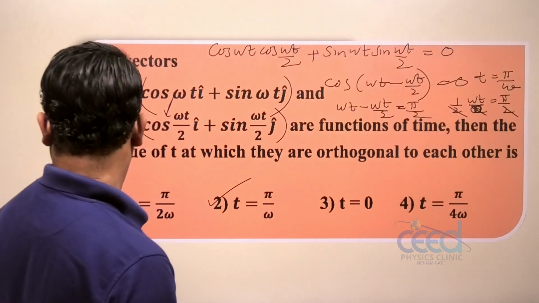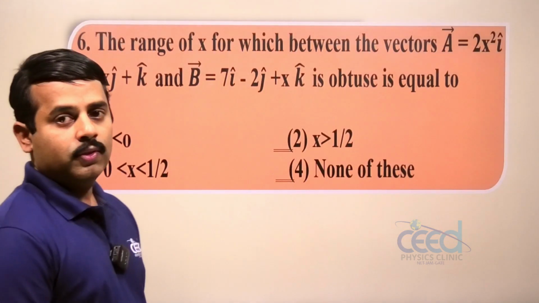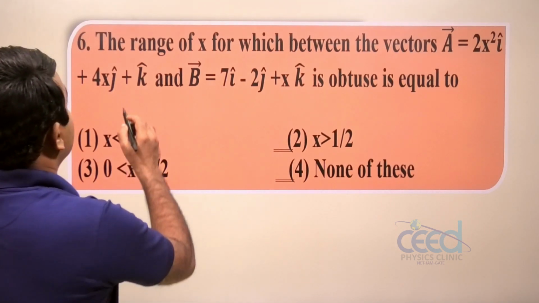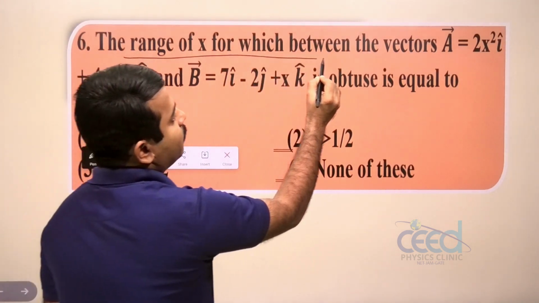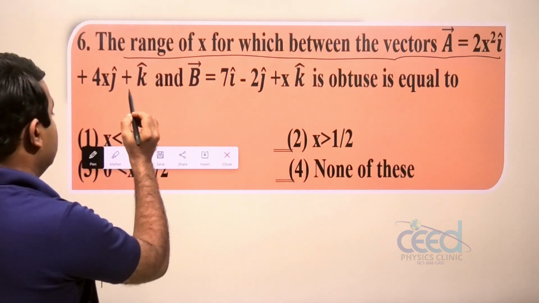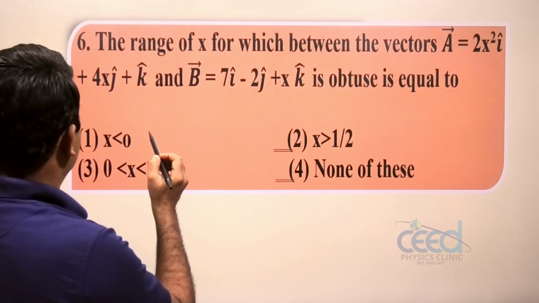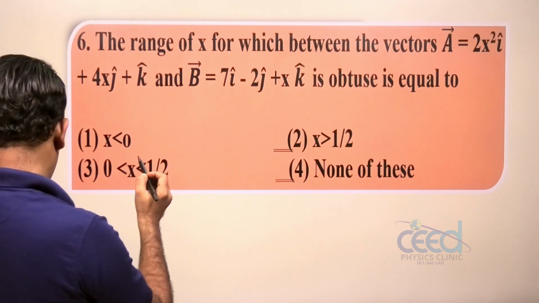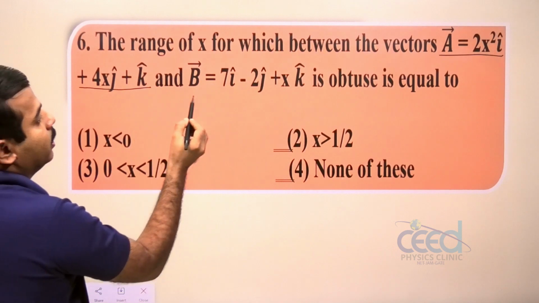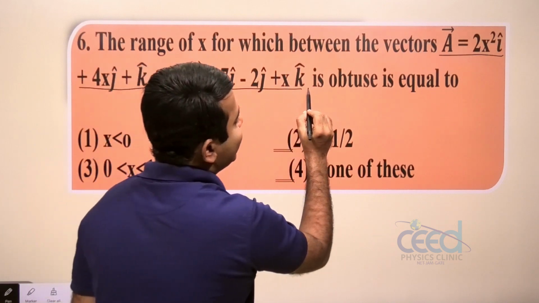Now let us go to another problem. See, here is given another problem. Find the range of x for which the angle between the vectors A is equal to 2x square i cap plus 4x j cap plus k cap, and B is equal to another vector 7 i cap minus 2 j cap plus x k cap, is obtuse.